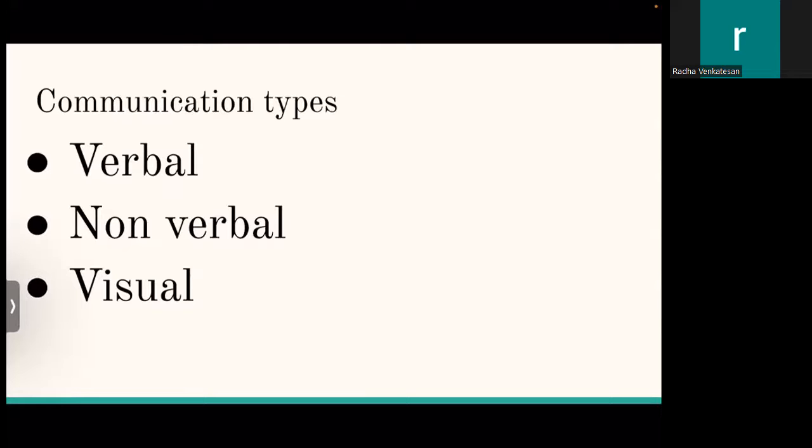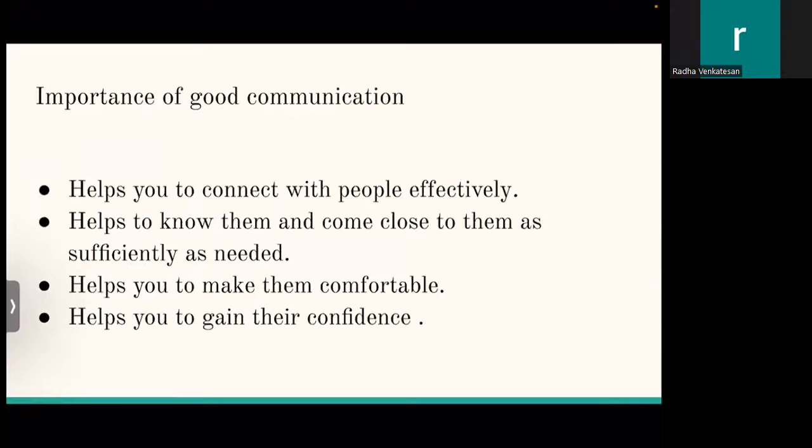So visual communication has a big role. And we are also aware of something called photographic memory. What we see, we remember a lot, and we remember it for a long time too. So each component of communication has a big role to play.